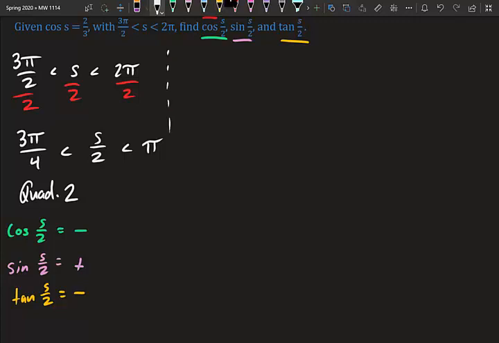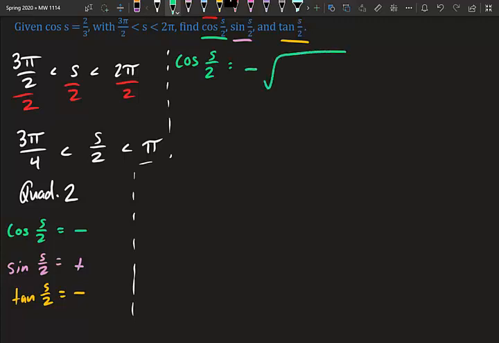Now we can go ahead and figure out all of our values. So let's go ahead and start with cosine s over 2. So you look at your cosine formulas, or your identities. We only have one cosine one. And remember, cosine in quadrant 2 is negative, so we're going to use the negative value of cosine.